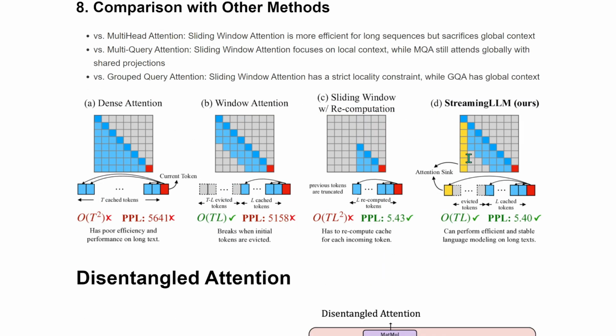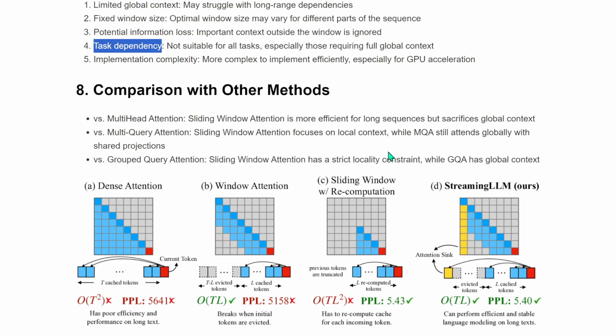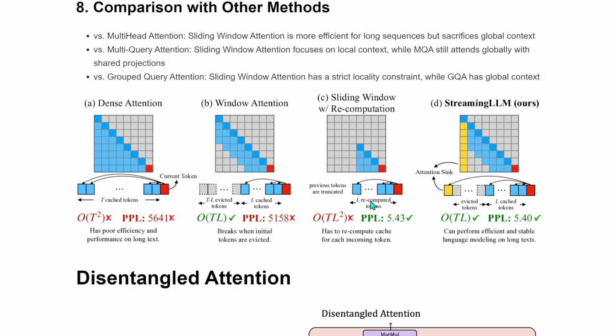But there is another method, a variant of sliding window, known as attention sink. There was research which said that if you have those previous tokens, the good thing is the first token usually contains the information of all the tokens.